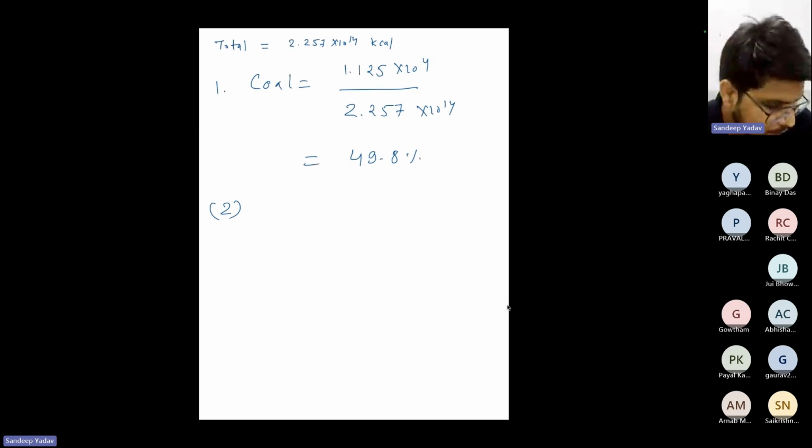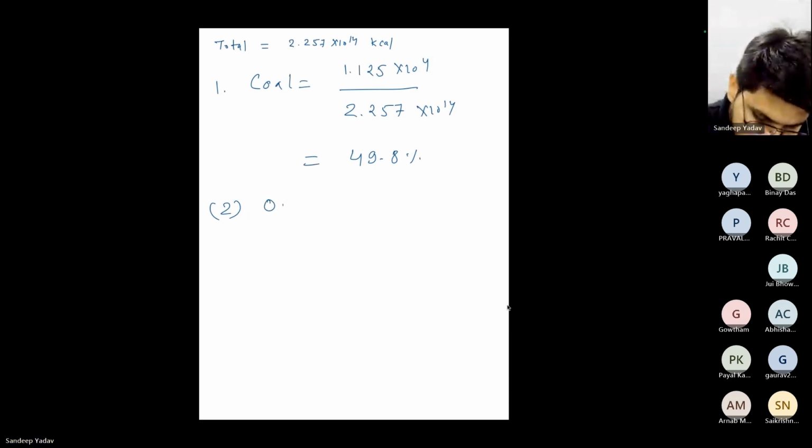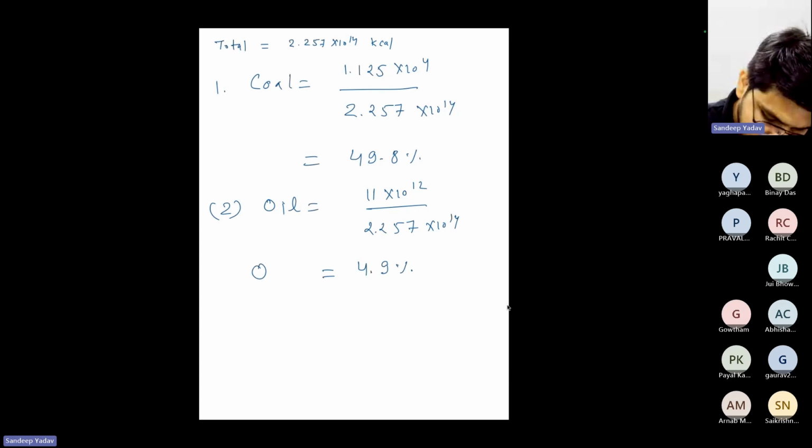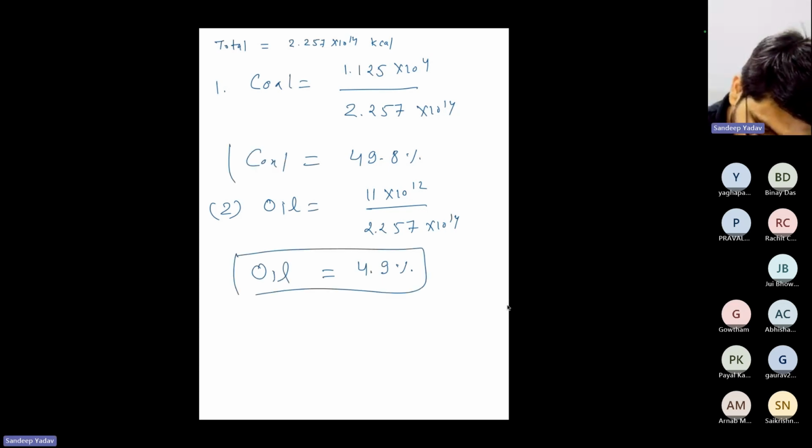Similarly, if you want to calculate for the oil, that would be 11 into 10 raised to power 12 divided by 2.257 into 10 raised to power 14. That comes out to precisely 4.9%. That is for the oil.